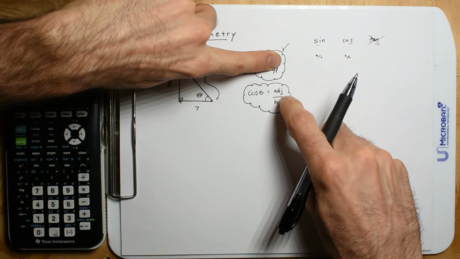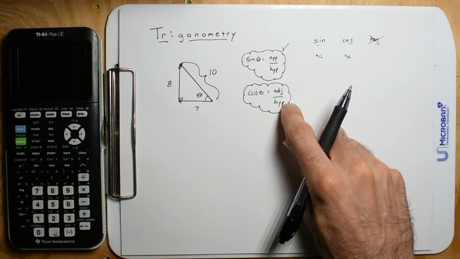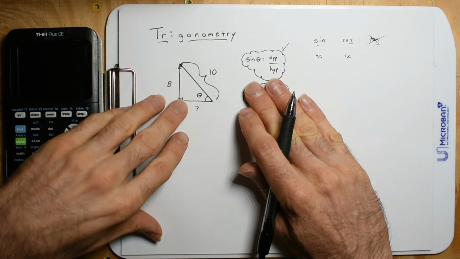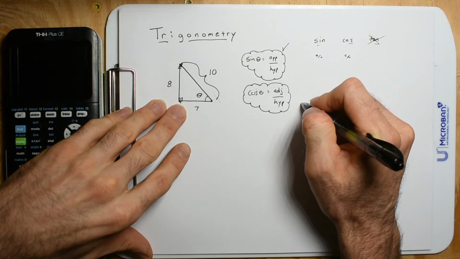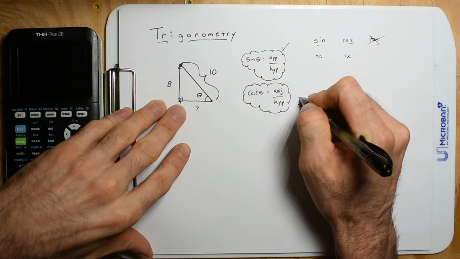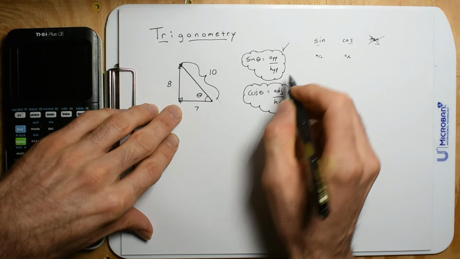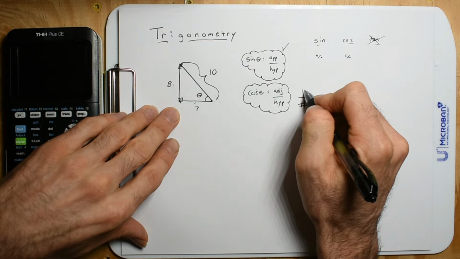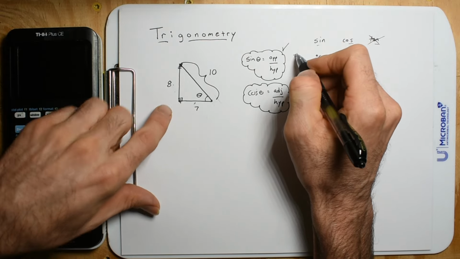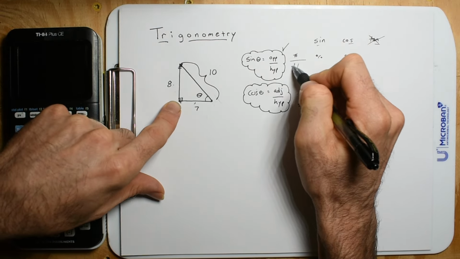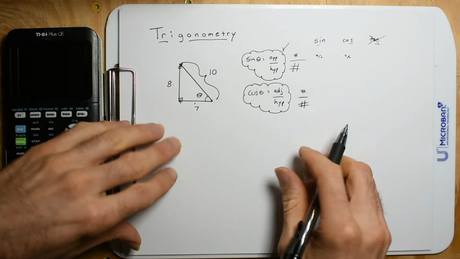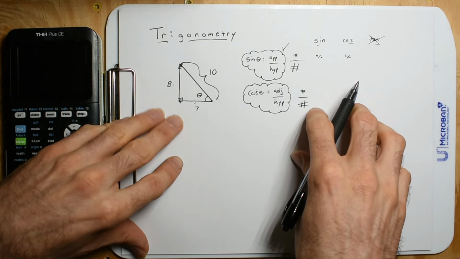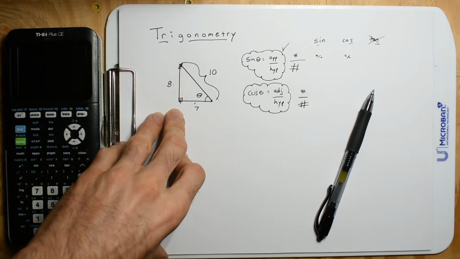It's the adjacent over the hypotenuse. It can't be anything else, because the hypotenuse at the end of the day is the bigger number, and the adjacent part or the opposite part are the smaller numbers. So the opposite is a smaller number and the hypotenuse is a bigger number. That's my rundown on sines and cosines.